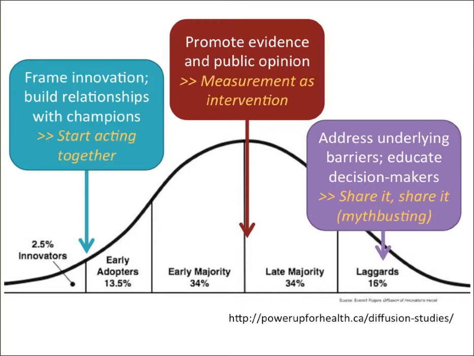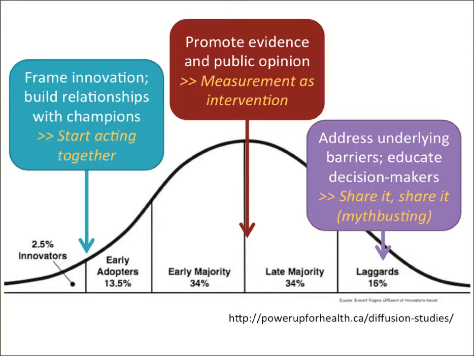This relates to one of my earlier strategic actions: maybe it's time to not strike a committee and develop a long food environment assessment tool. Maybe it's time to start acting together on an intervention. By doing that, you can work on your food environment and collect evidence along the way and take advantage of the state of readiness of your community.